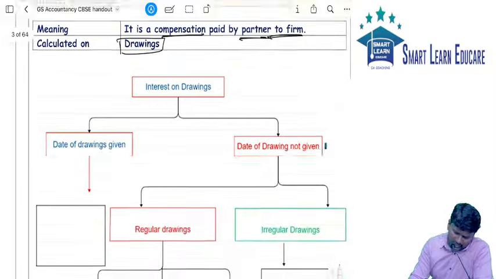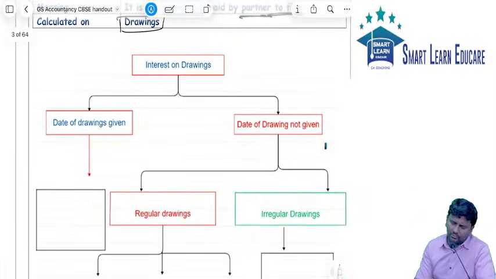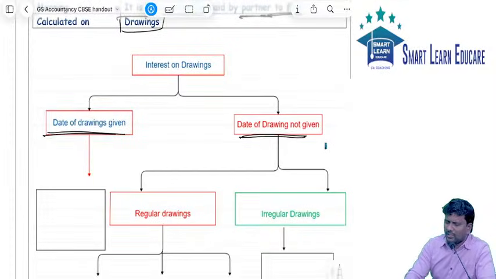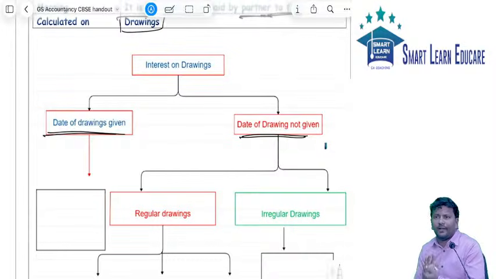In drawings, two types are given. One is date of drawings given, another one is date of drawings not given.